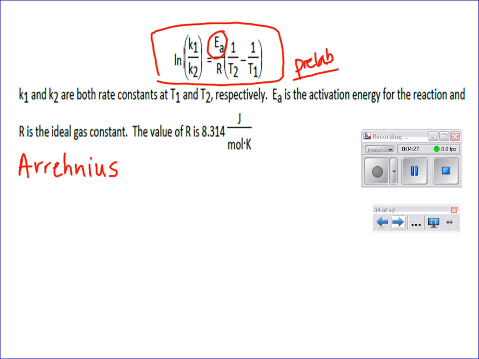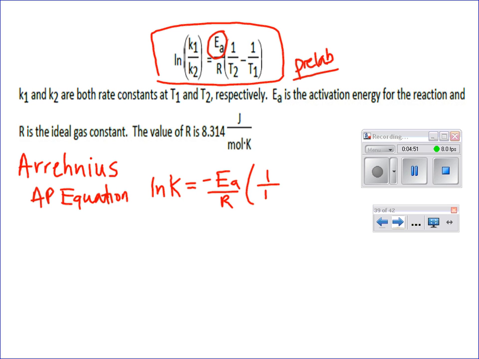And on your AP equation sheet, you will have the following version of the above equation. It's a linearized version, and that equation looks as follows. Natural log of k is equal to the negative activation energy over R times 1 over T plus ln of A. ln of A has to do with the orientation of the molecule, which I'll talk about on the next slide, but you never really utilize that.